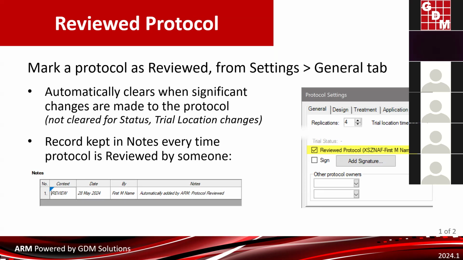You can also go the other way and say, I'm going to mark this as reviewed so that I can come back to this file and know whether any changes have been made since I was last here, because that checkbox would be cleared if someone else from my group had opened and made changes to the file. Then that reviewed flag is cleared because now clearly I haven't reviewed those changes that I haven't seen yet.